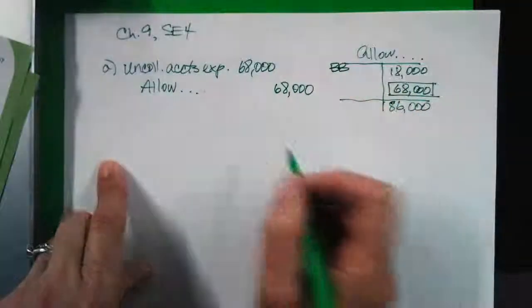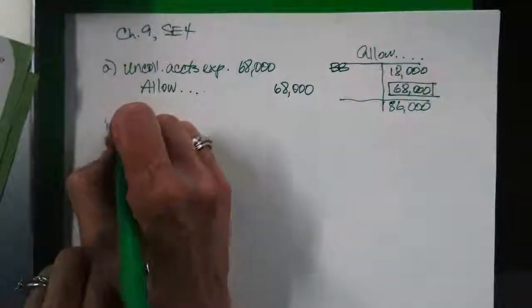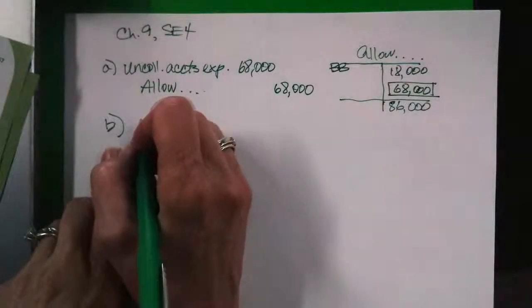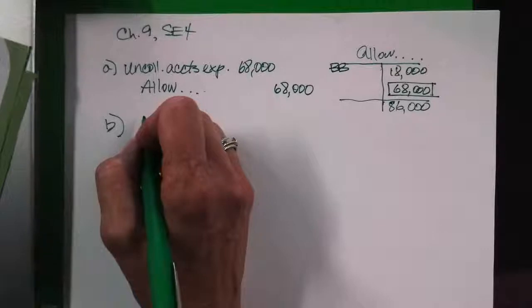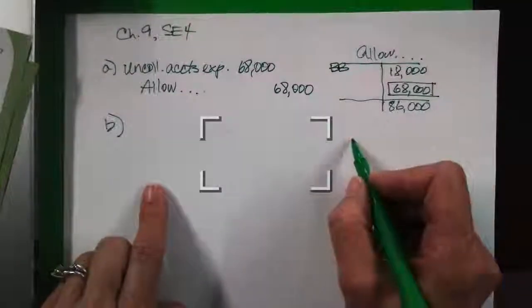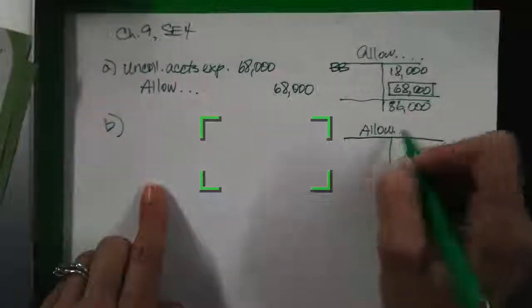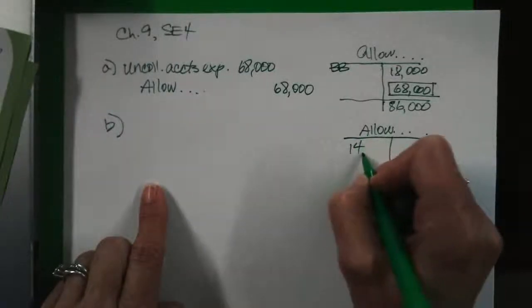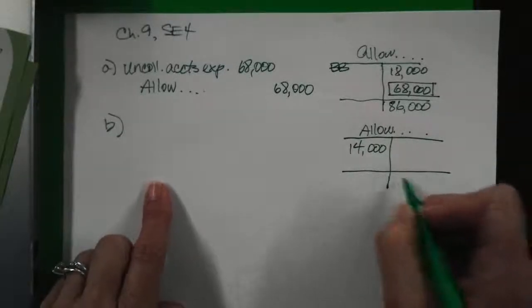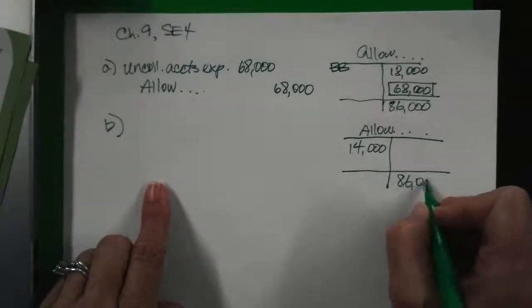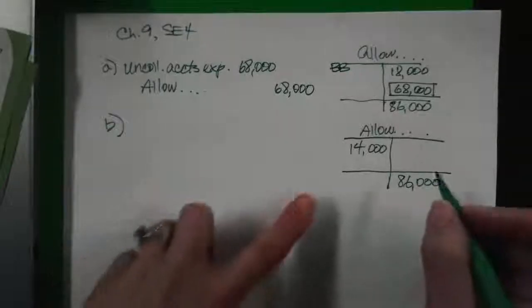Okay, then on B it says, well, what if there was a debit balance of $14,000? Well, how did that happen? Well, we wrote off more people last year than we thought we would. So we're starting out with a debit balance of $14,000. I want to get it to a credit balance of $86,000.